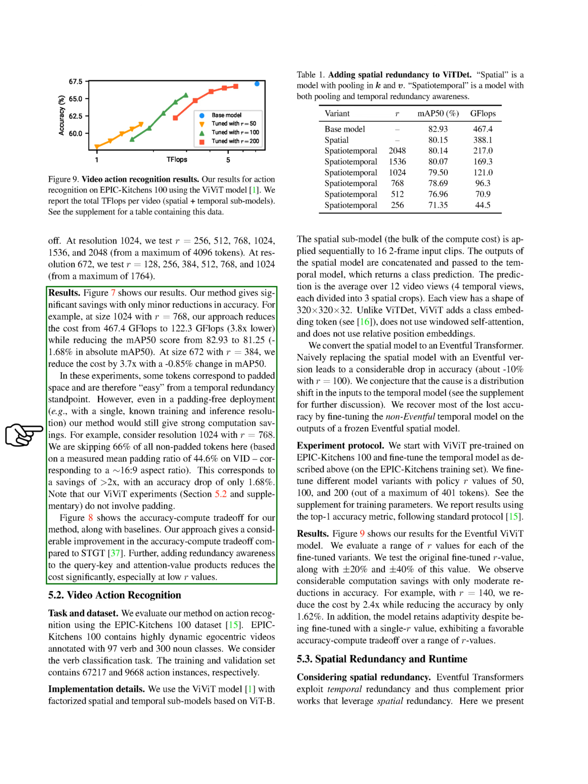At a size of 672 with R equals 384, we reduced the cost by 3.7x with a minus 0.85% change in mAP 50. In conclusion, our approach provides a significant improvement in the balance between accuracy and computational cost compared to the STGT method. Adding redundancy awareness to the query key and attention value products further reduces the cost, especially at low R values.